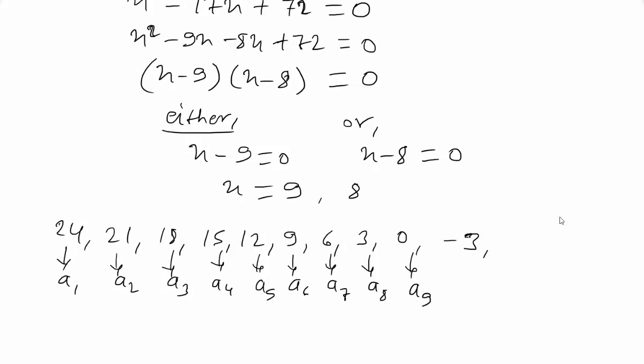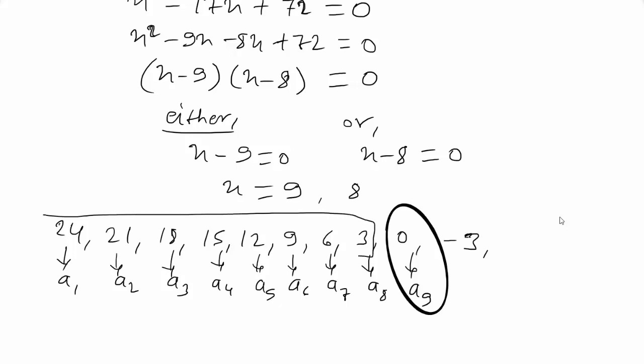See, the ninth term is 0. So whether you add these 8 terms or you add these first 9 terms, isn't the answer going to be the same? Because if you add 0 to this, the value will remain the same. That's why we have got two answers. Whether you add 8 terms or 9 terms, you will get the same answer.